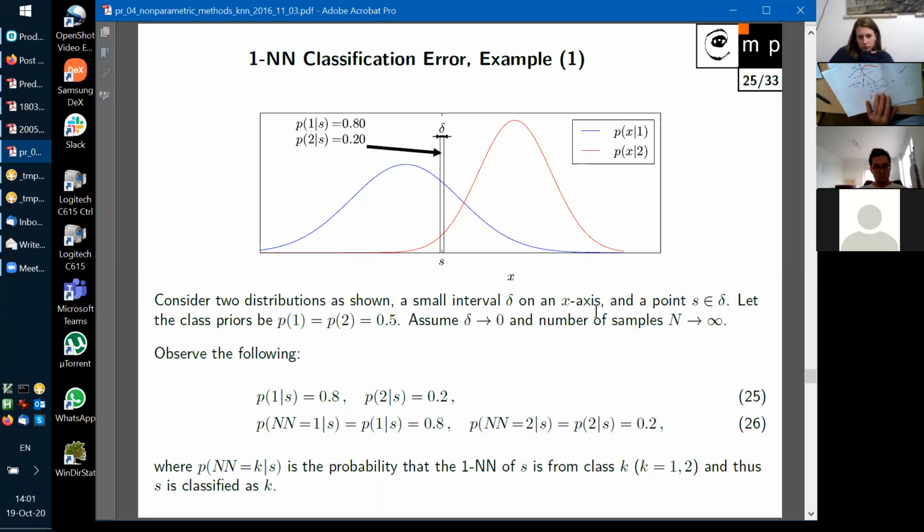Let's say that 0.8 is A, the probability of the class which is higher, and B is the other. Then for Bayes, the probability of a correct answer is A, and the probability of a mistake is B. Now, for the 1-nearest neighbor, the probability of a correct one is A times A plus B times B, and the mistake is 2 times AB.